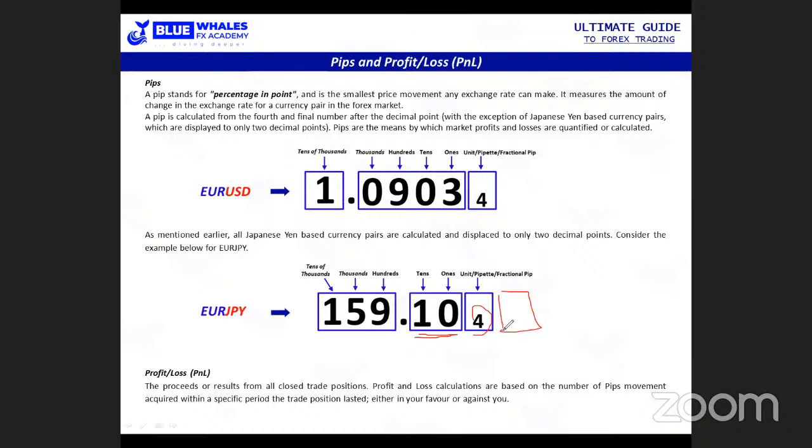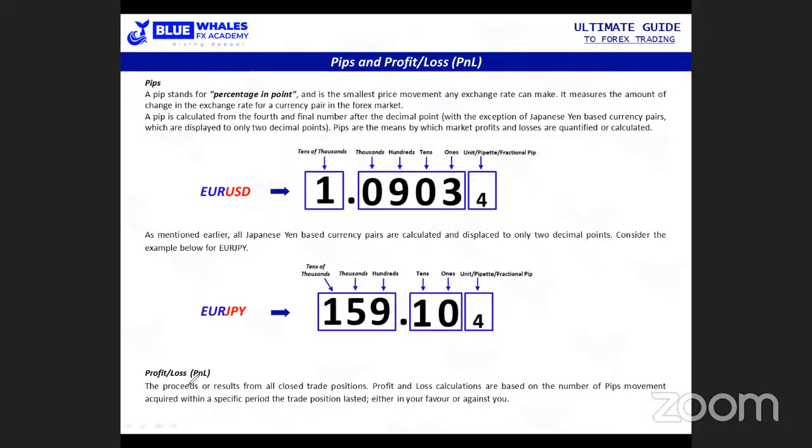But just as I said, you should know why it is so. The second number is ones. The first one is tens, then hundreds, thousands, and tens of thousands. So it's almost the same, just with a different calculation.